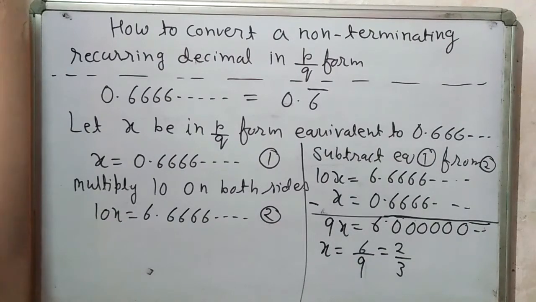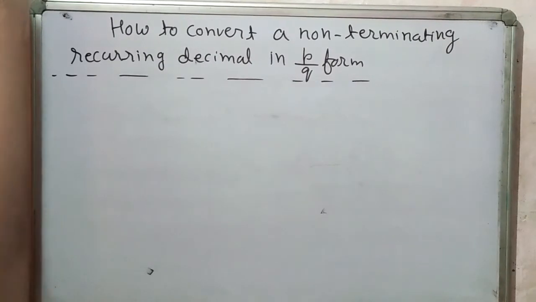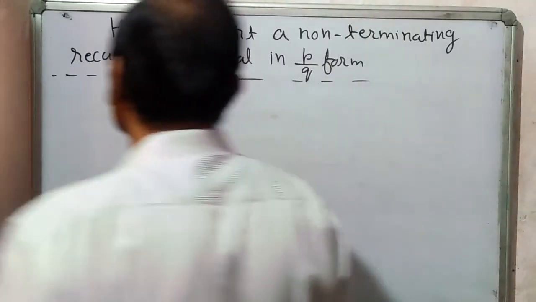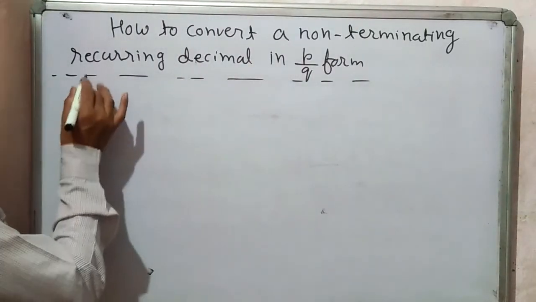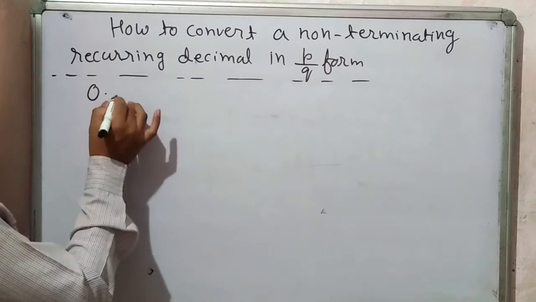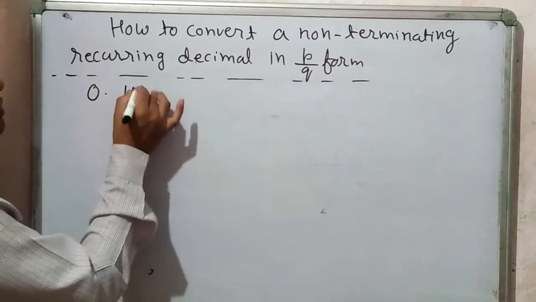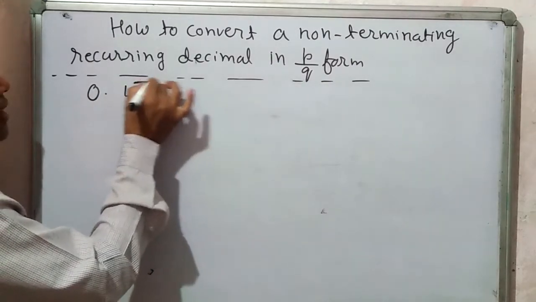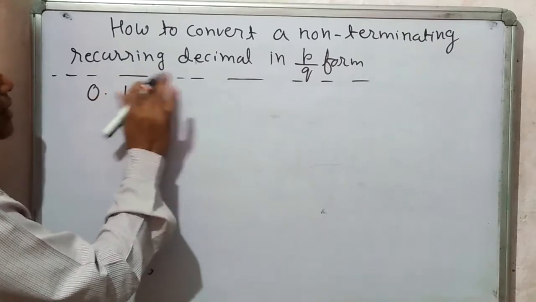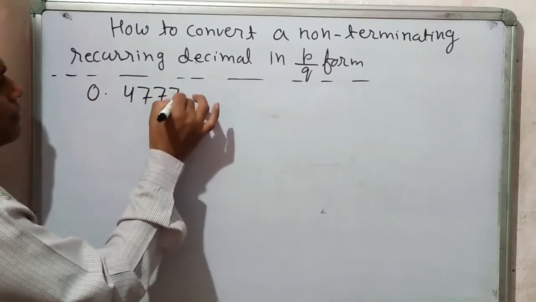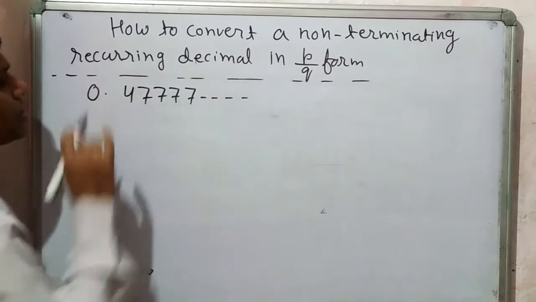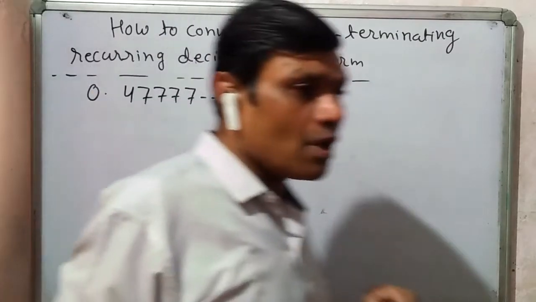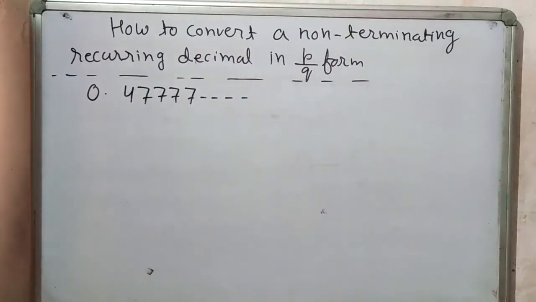Let us see one more example. Suppose we are given the number 0.47 with the bar only above the 7, so only 7 is repeated. But before that, there is a digit 4 also.